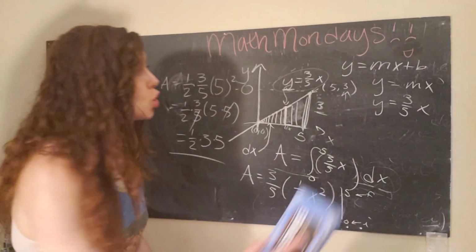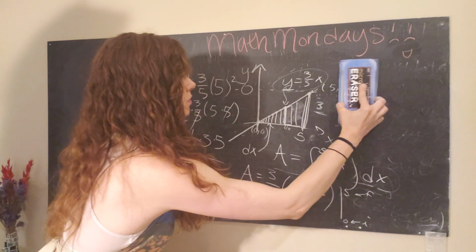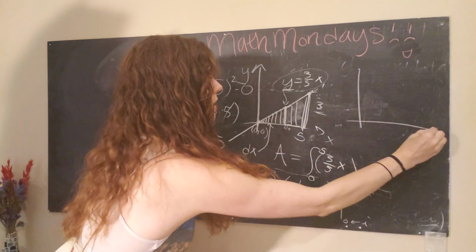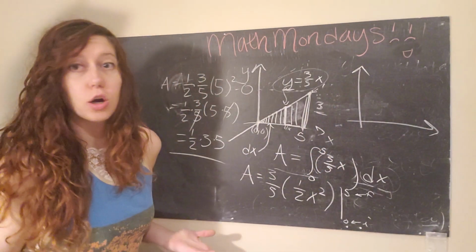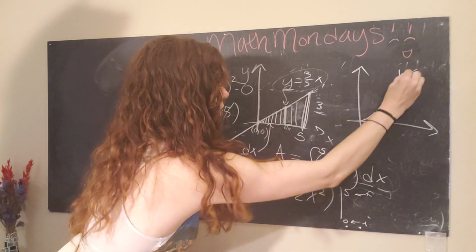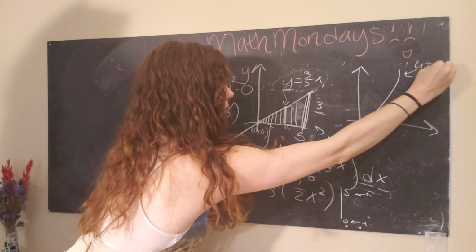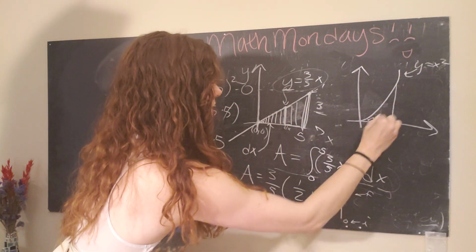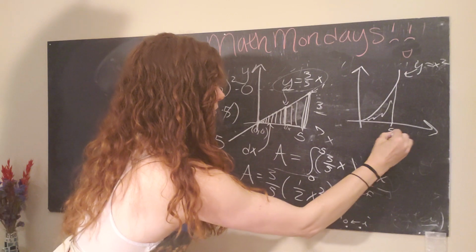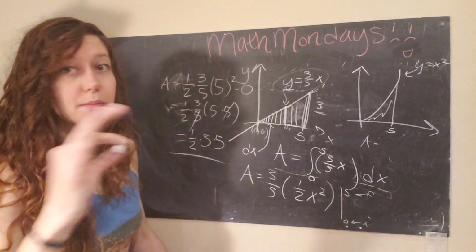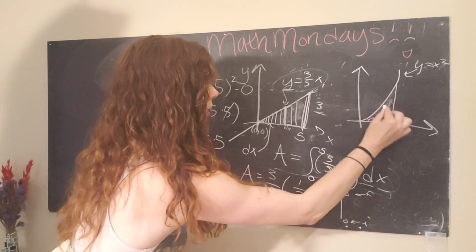And what is super, super cool is that we actually can do this for any curve. So say, for example, we had a parabola where y equals x squared, and I wanted to do the same thing, find this area at 5. So I could do the exact same thing to find this area.